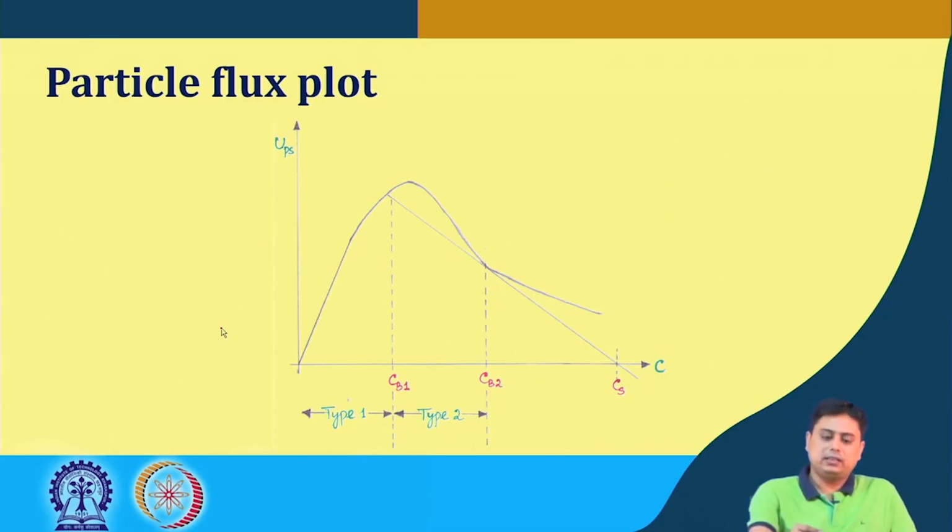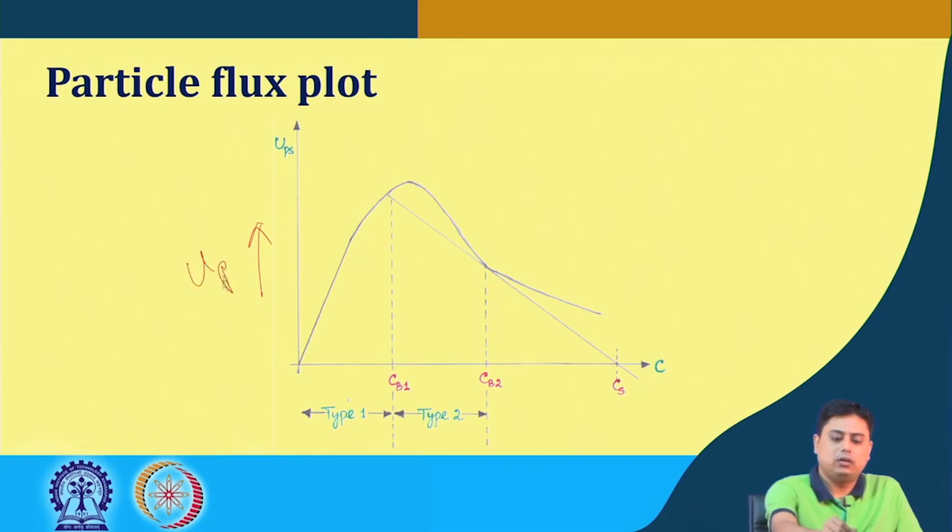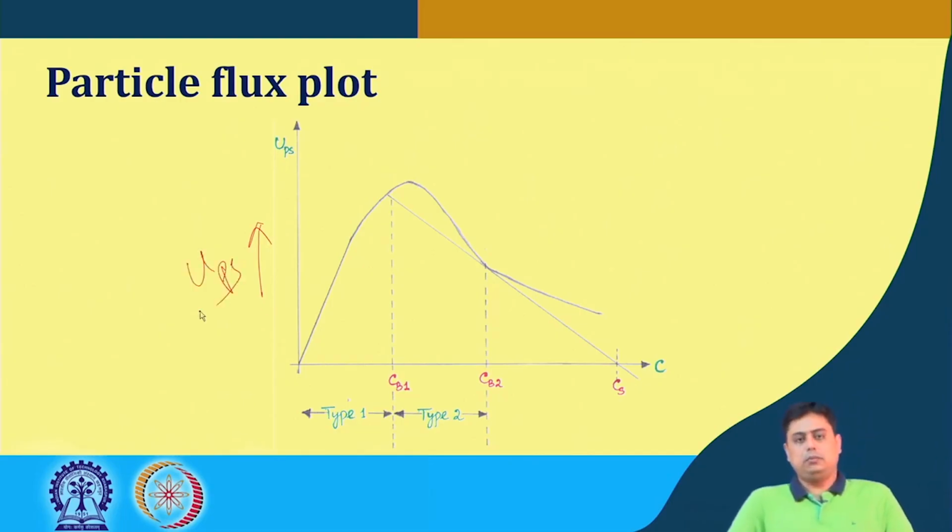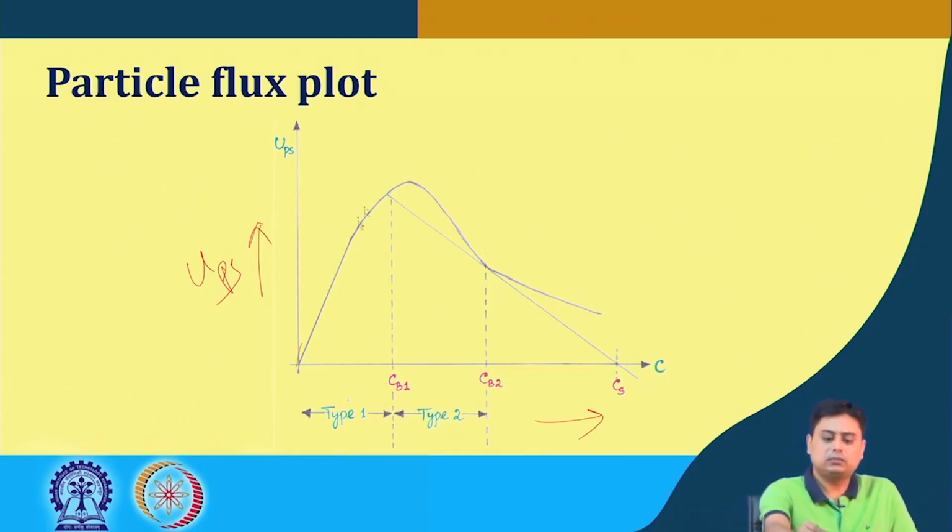If we look at this flux plot, the y coordinate is our particle flux velocity, and this is the concentration, the x direction. This is the typical flux plot. We have seen that there is a maximum point and there is an inflection.